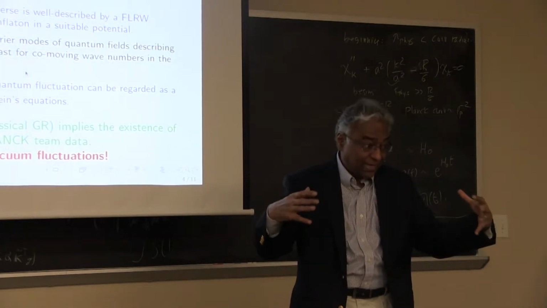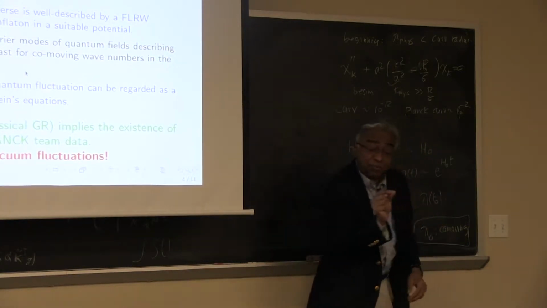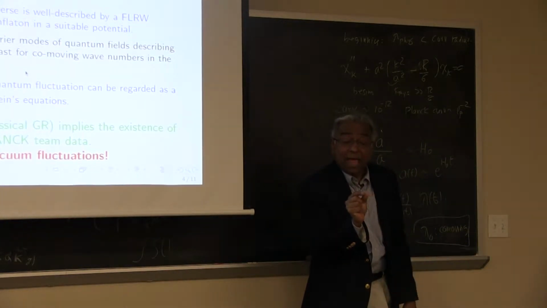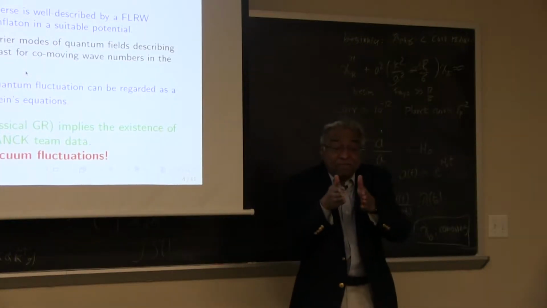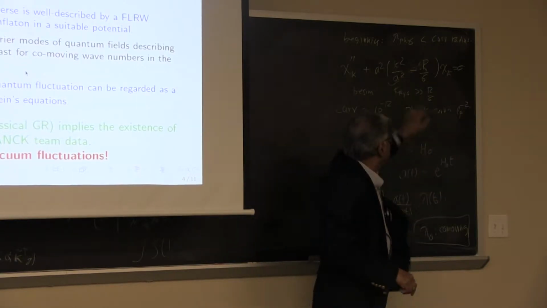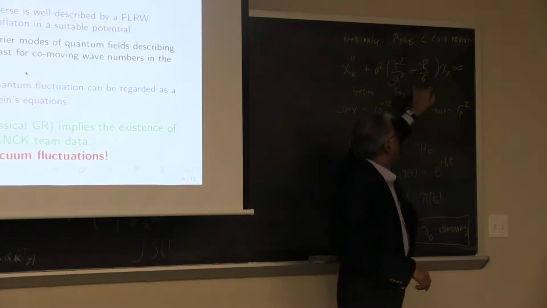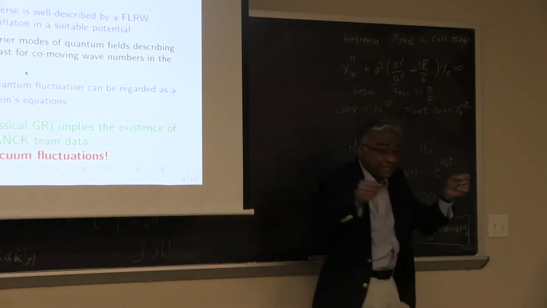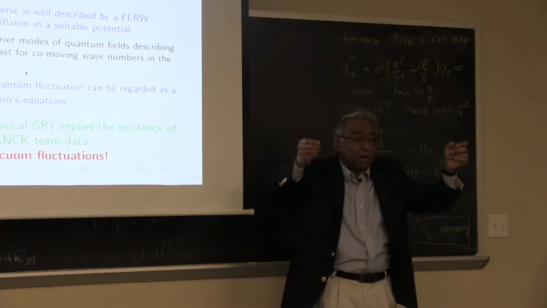But nonetheless, these wavelengths are still smaller than the curvature radius, and therefore they just propagate as though they are in flat space. But then the physical wavelength increases, or the physical wave number decreases. So at some stage, this term starts dominating. So when k physical squared becomes R by 6, that is where one says the mode crosses the Hubble horizon.